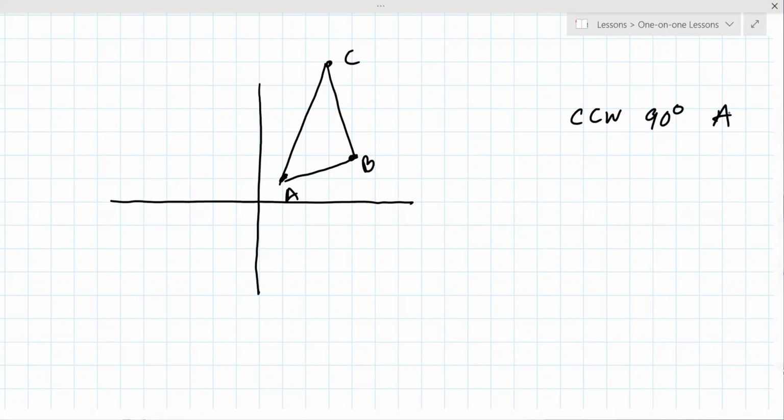Okay, I got some graph paper. Let me draw this.